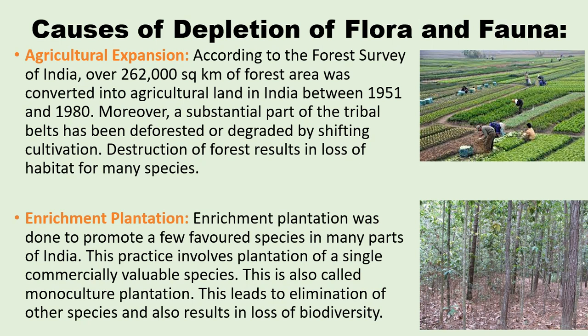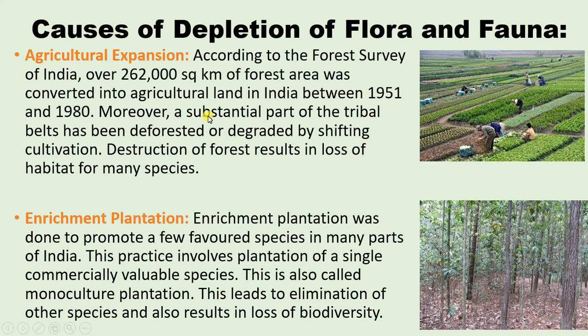According to the Forest Survey of India, 2,62,000 square kilometers of forest area was converted into agricultural land in India between 1951 and 1980. So within about 30 years, we took such a large area from forest to agriculture to meet the food requirement of our country.